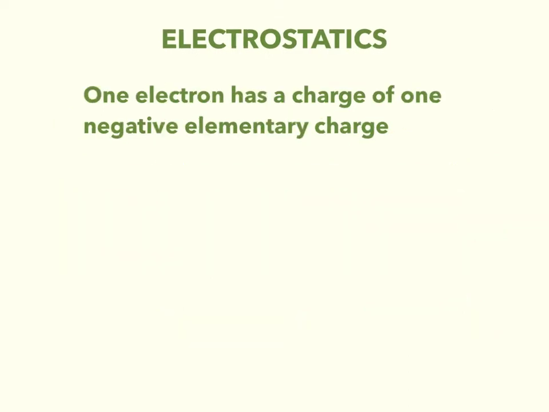So the electron has a charge of one negative elementary charge. We use the symbol Q to represent charge. The charge on an electron would equal negative one elementary charge, which is 1.6 times 10 to the negative 19 coulombs, a tiny, tiny, tiny fraction of a coulomb.